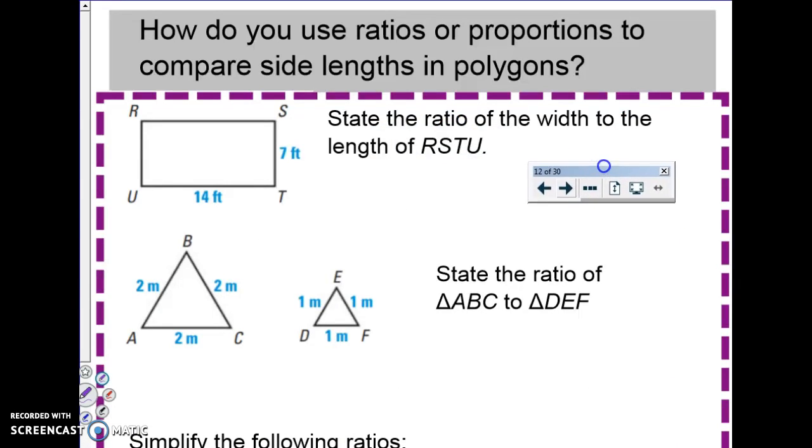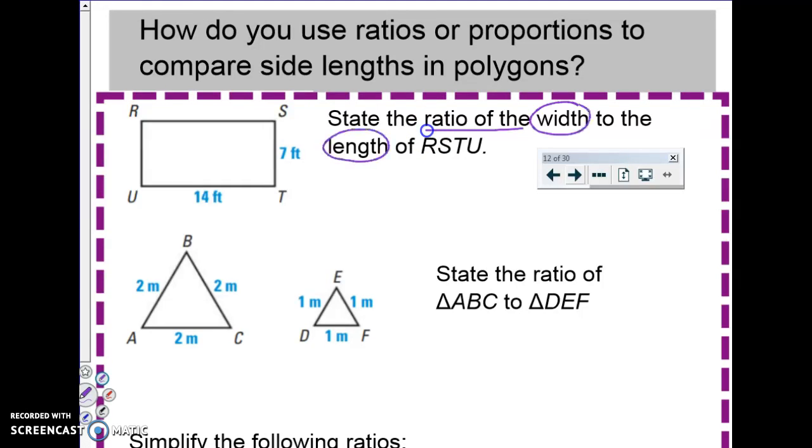All right, so these are the kind of problems that you're going to be expected to be able to do on your own. So I'm given a figure here. There's a rectangle. I'm told that the width is 7 feet and the length is 14 feet. And I'm reading the word problem. It says state the ratio of the width to the length. So whenever I do anything with ratios or proportions, in order to keep everything organized, I put things in words first.